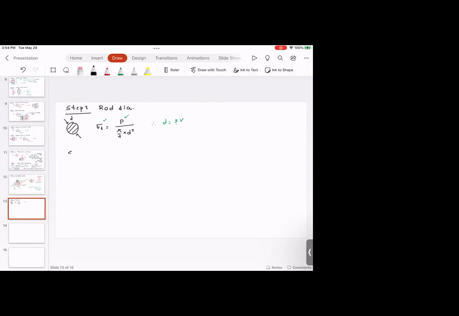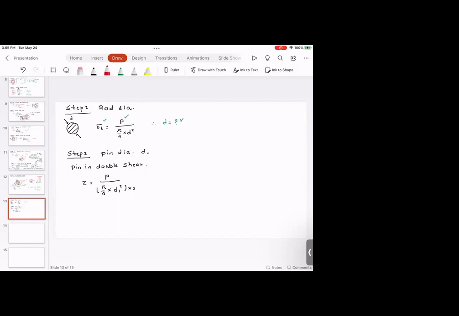Then step 2, pin diameter, which is D1, pin in double shear, which is tau p equals P divided by pi by 4 D1 square multiplied by 2.